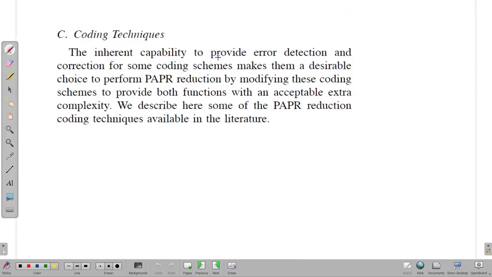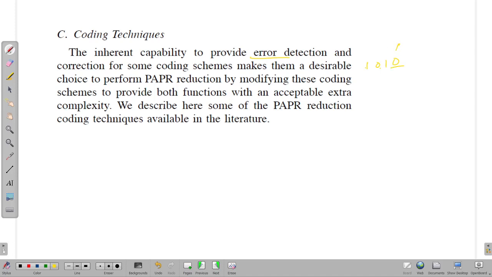So why are coding techniques used? Coding techniques are used to reduce the error, and the fundamental idea of coding is to add redundancy to the transmitted bits. So if there are maybe 3 bits, you are adding redundant bits.